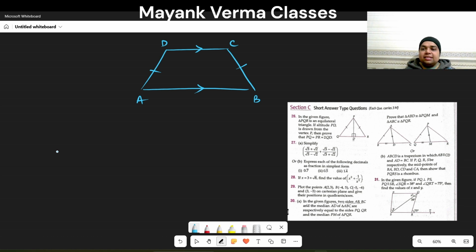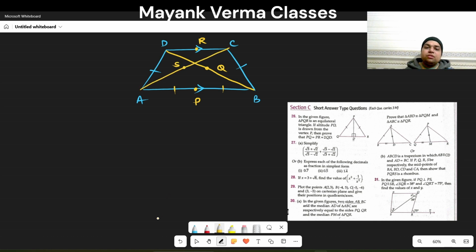P, Q, R and S respectively are midpoints of BA, that is, this is P. Q is midpoint of BD, so Q is the midpoint of BD, and R is the midpoint of CD, and S is the midpoint of CA.